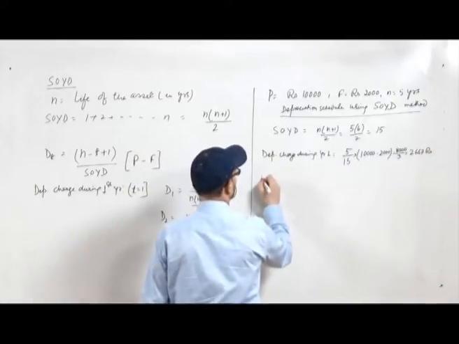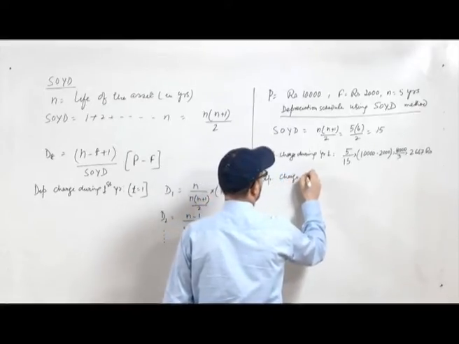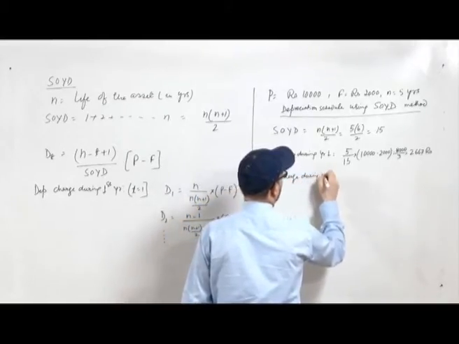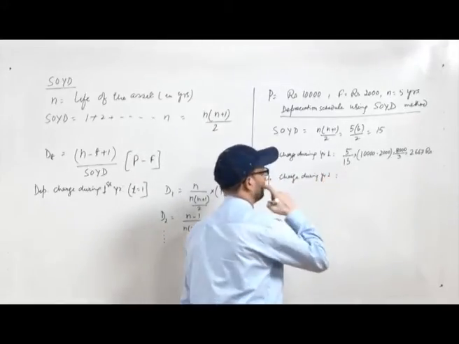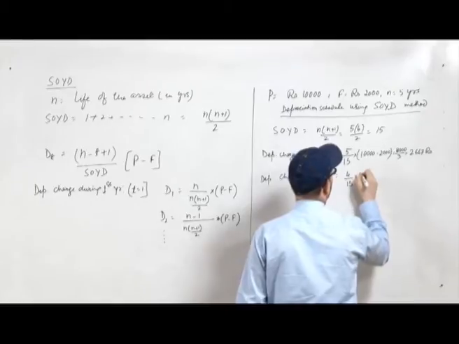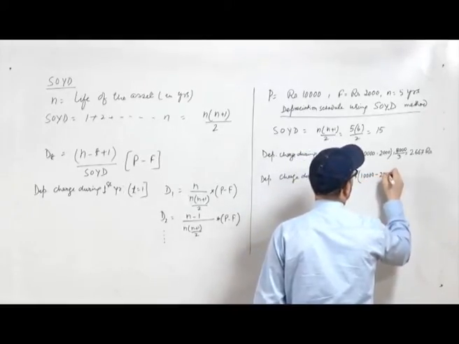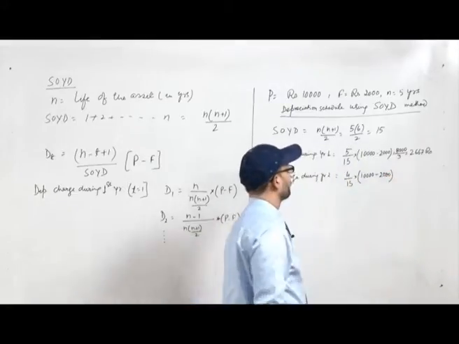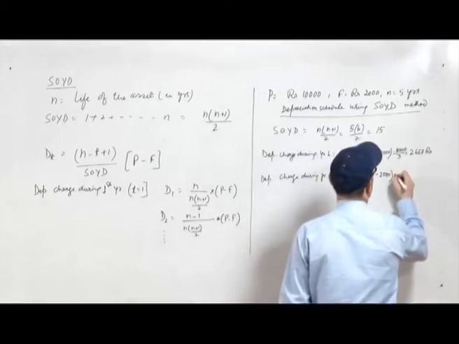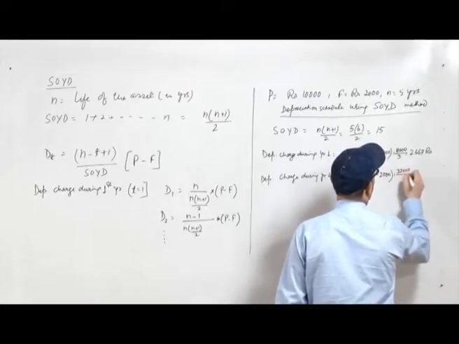The depreciation charge during year 2 will be 4 upon 15 into 10,000 minus 2,000, so it will be 32,000 upon 15.